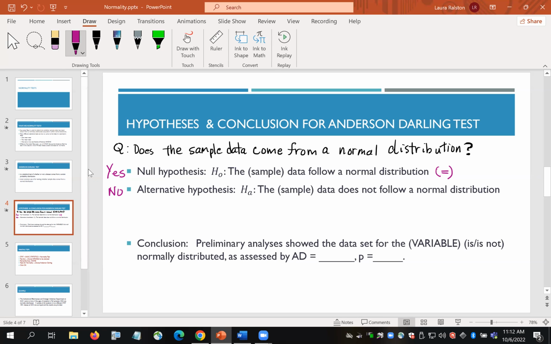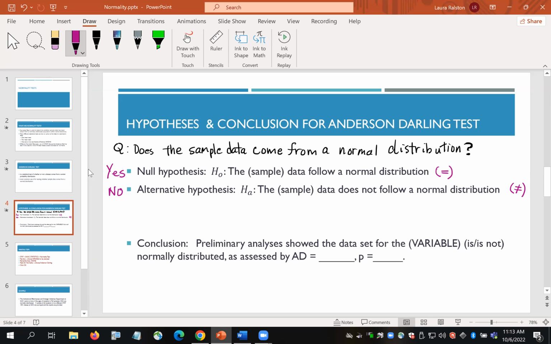The alternative hypothesis will always be stated, the data does not follow, because that's like saying it's not normal or not equal. So again, we haven't violated the rules or the guidelines that I gave you on Tuesday about a hypothesis test. Remember, the null hypothesis must always contain equal in some form.